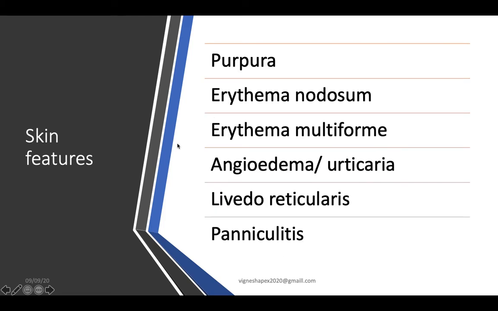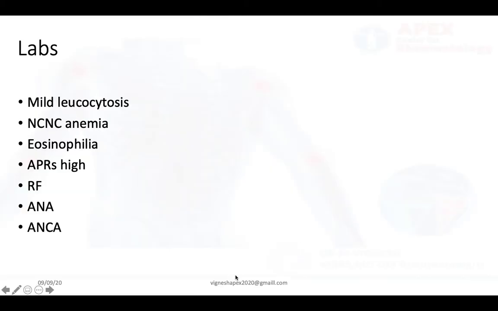Okay, skin features, purpura is the most common one, and apart from that, patients can have erythema nodosum, erythema multiforme. Because the cartilage is getting involved, they can have some allergic manifestations like angioedema and urticaria. As a part of medium vessel vasculitis, they might also develop livedo reticularis, and inflammation of the subcutaneous fat would cause panniculitis. Right.